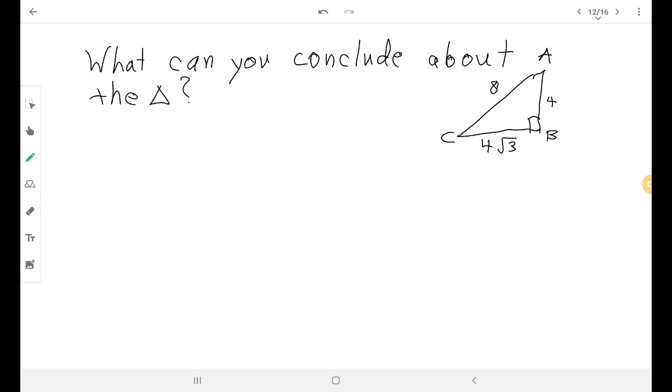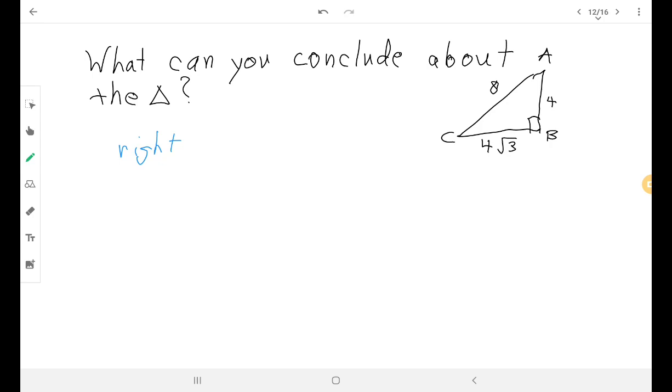All right, so what can you conclude about the triangle? They give us all the lengths in this triangle. We might want to note that it's a right triangle. That might be important.